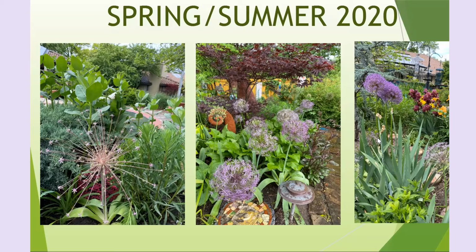So from the time the hellebore starts all the way through the first frost, I have something blooming in every part of my garden. And in the back, I have very dark, colorful, different colors of irises.